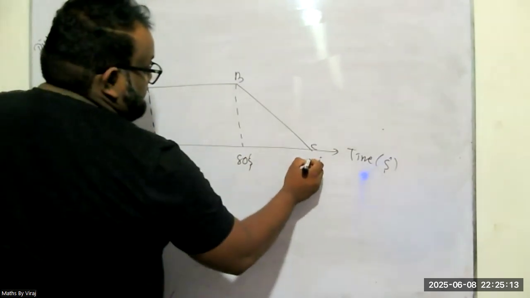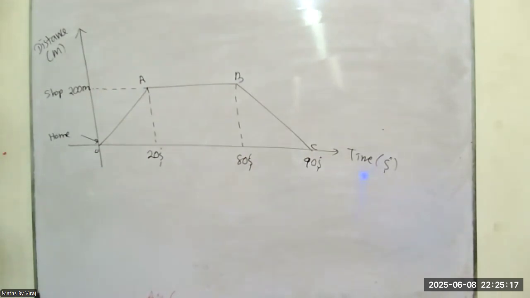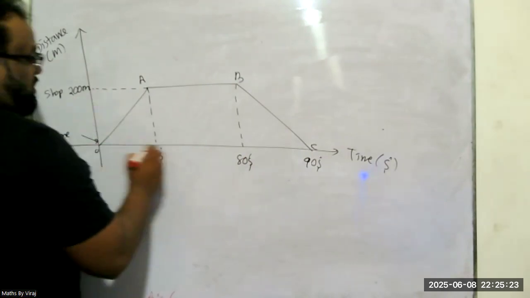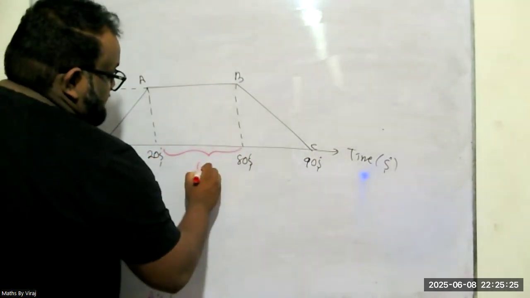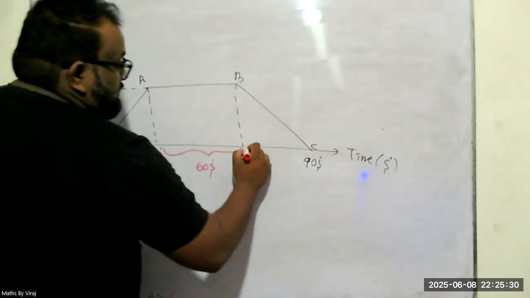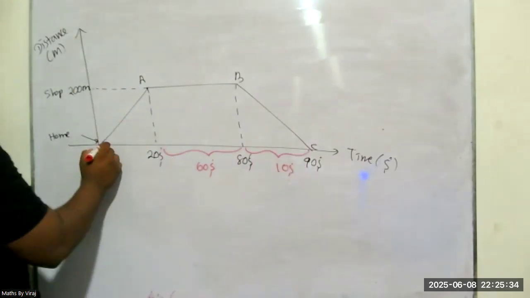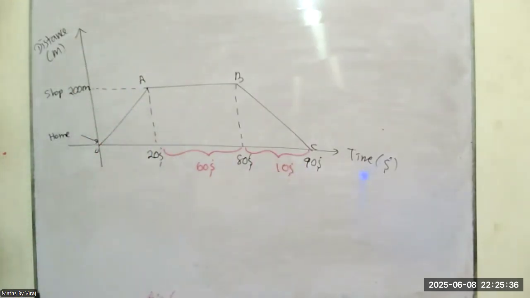How do we know these kinds of times? It is pretty clear for us that the time he has spent in the shop is 60 seconds. Yes or no? Here, coming home back again, 10 seconds. And here obviously it is 20 seconds.